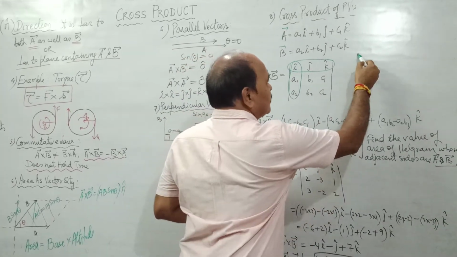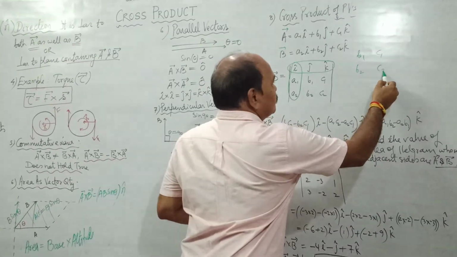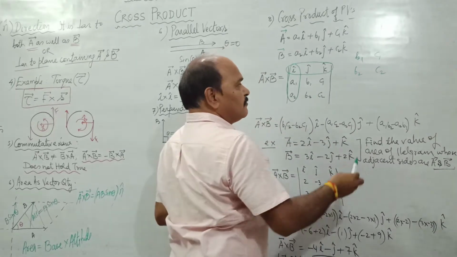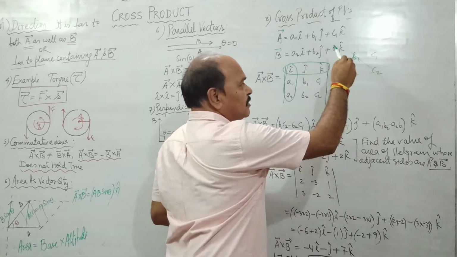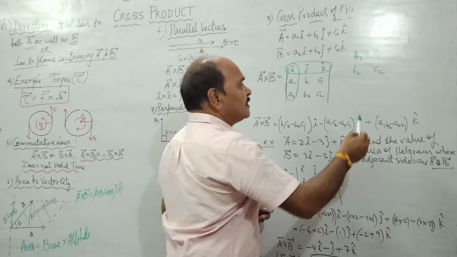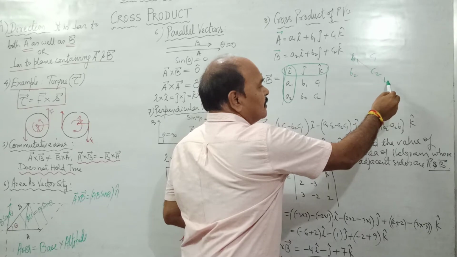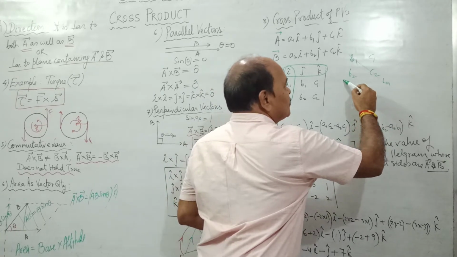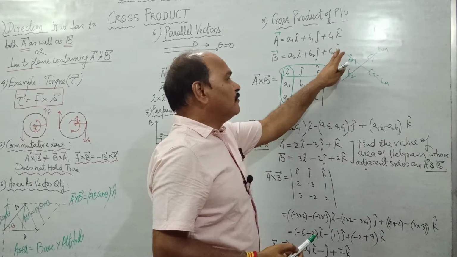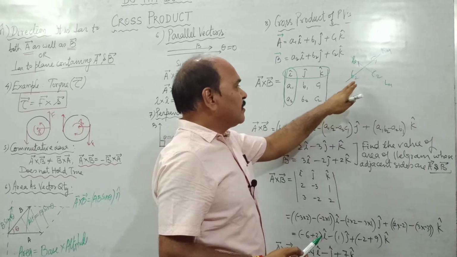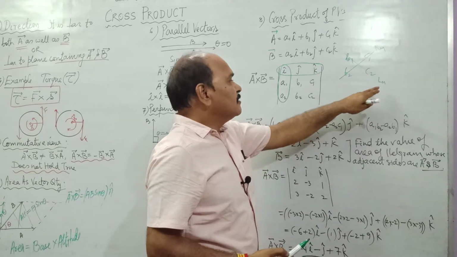And these 4 elements are what? B1, B2, C1, C2. So what do we do? We multiply the elements over the left diagonal of say a very tiny square. This is a square. We multiply the elements over left diagonal, and then we multiply the elements over the right diagonal, and we subtract from LM.